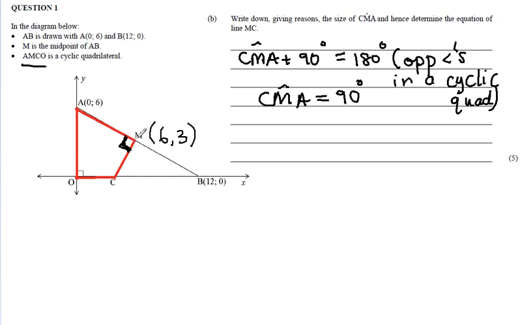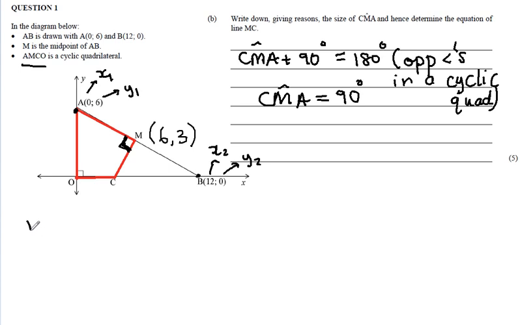And this simply means that the product of the gradients of line MC and AB will be -1. So we could calculate the gradient of line AB if I use the gradient formula. Again, I will call the coordinates of A, x1 and y1, and of B, x2 and y2.